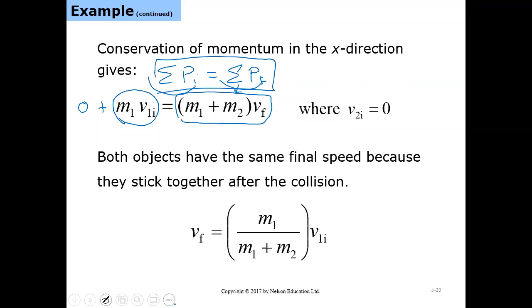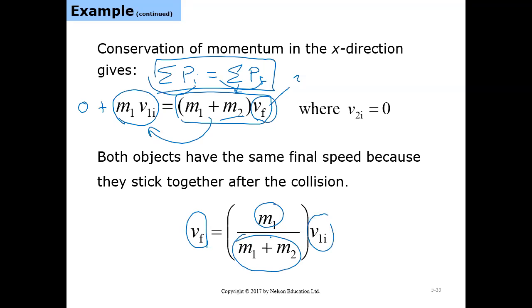There is only one object having a mass of the sum of the two, m1 plus m2, and its velocity, which we don't know. We are going to determine it. It's very clear, right? So I can solve for that. I can bring it to this side. So vf is equal to m1 divided by m1 plus m2, multiplied by v1i, the initial velocity of mass 1.